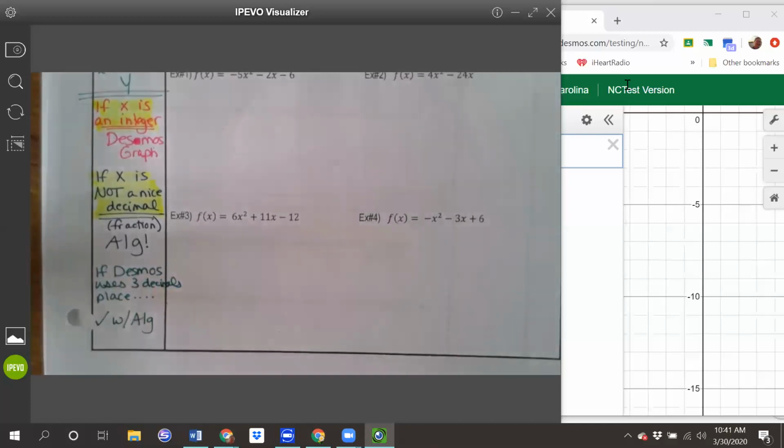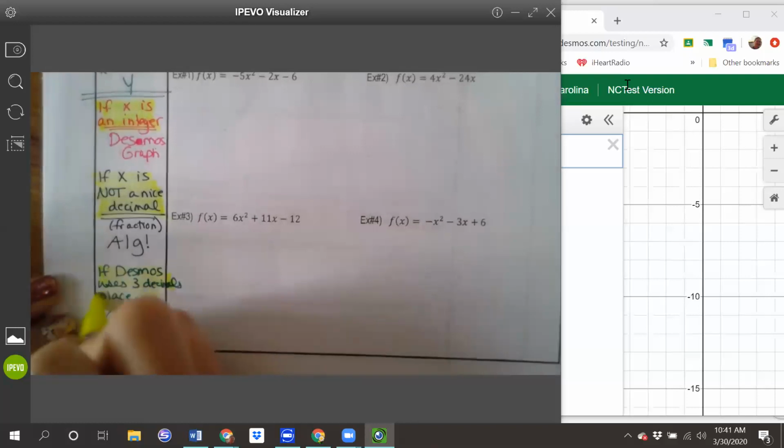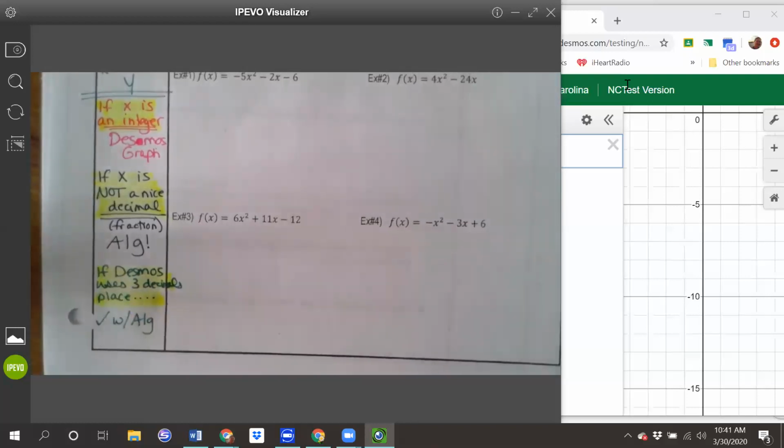Algebra will always give you an exact amount of decimals. It will change it back into a fraction for you. So if Desmos gives us 3 decimal places, I am not confident that it is exactly 3 decimal places. Maybe it got rounded. And that means that we need to check our answer with algebra. And do not fear about algebra, because I will show you how to use Desmos to do that as well.